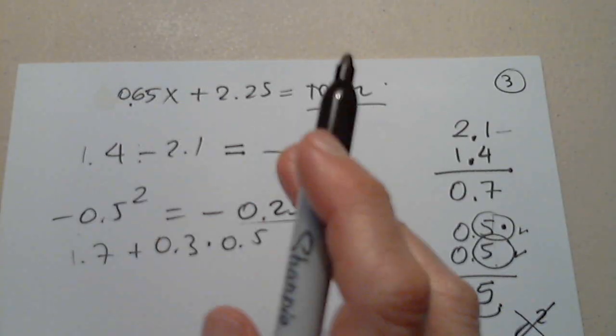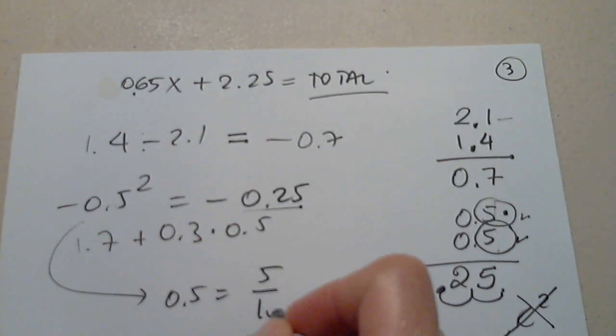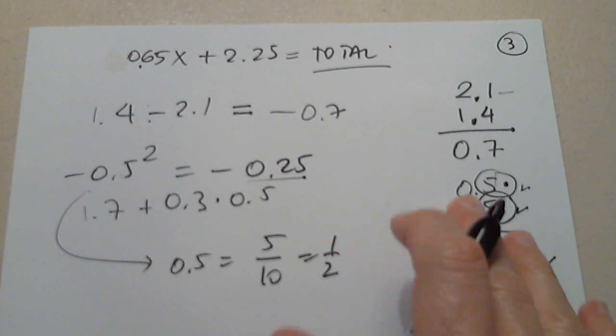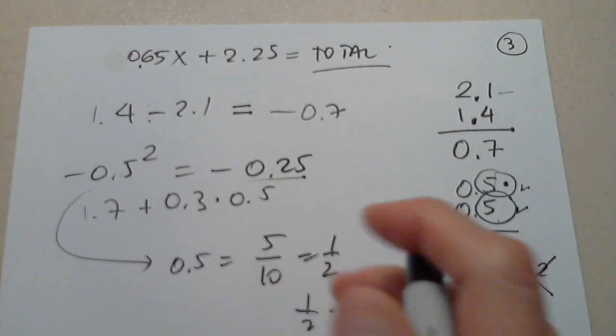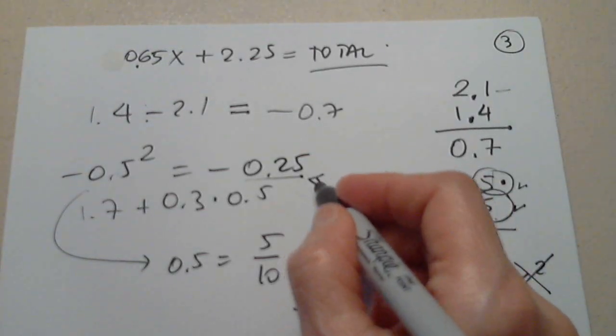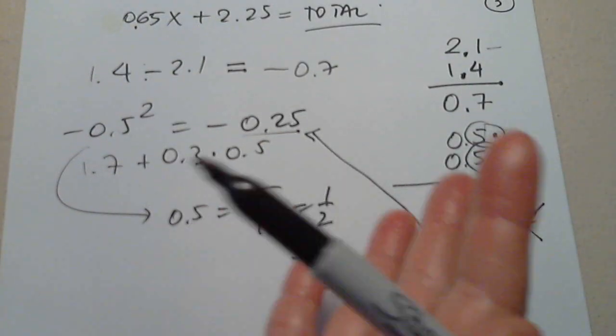How come? Very simple. You know that 0.5 is 5 over 10, which is 1/2. So basically here, I'm multiplying 1/2 by 1/2, and I get 1/4, which is a quarter. It makes sense. Okay, I disregarded the sign, of course.